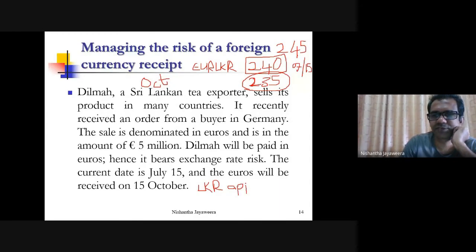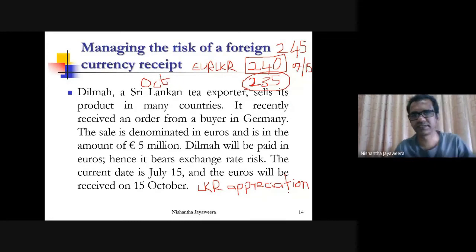That's the first thing that you have to identify. What is the risk? You can't just say exchange rate risk. Yes, true, that's the exchange rate risk. But whether it's local currency appreciation or local currency depreciation, only then can you find a proper solution.